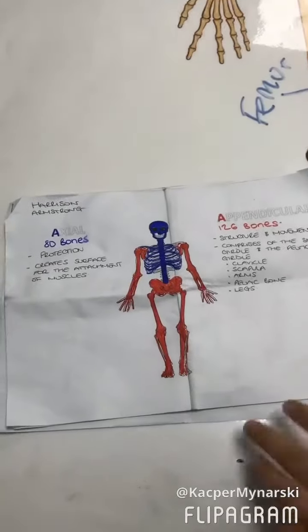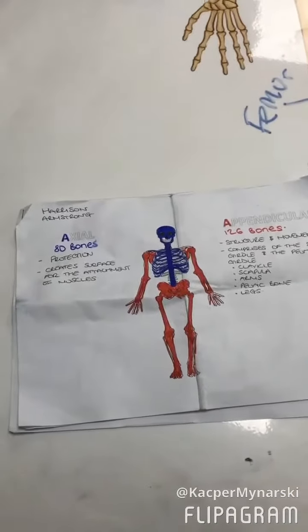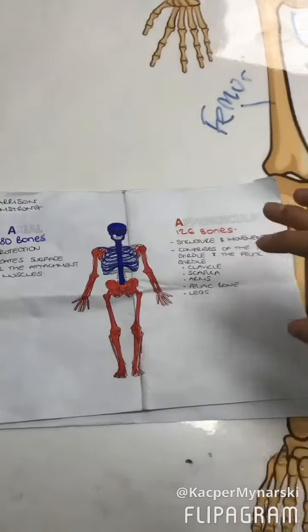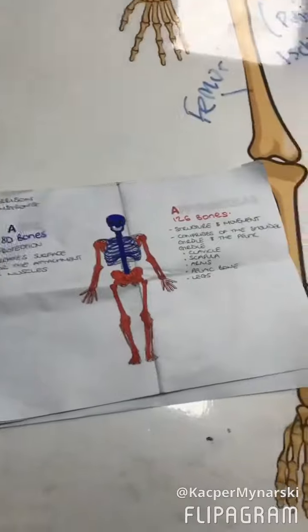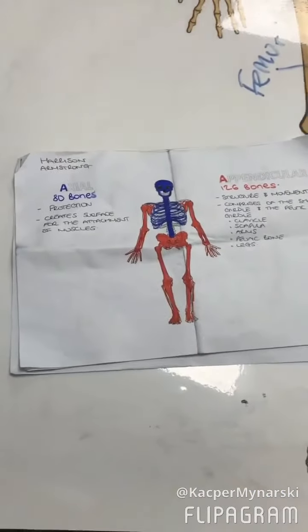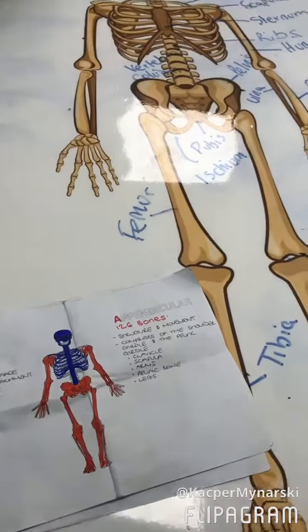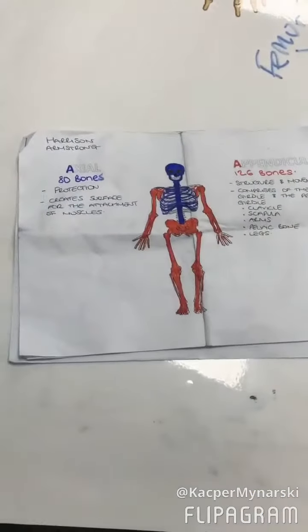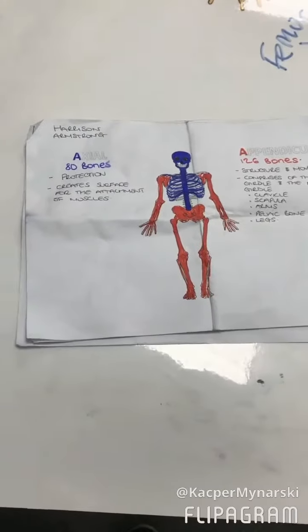So now we're going to do the appendicular and axial bones. The axial are your main bones which protect your internal organs, such as your kidneys, your heart, your brain, and stuff like that. Also, it creates the surface for the attachment of your muscles.